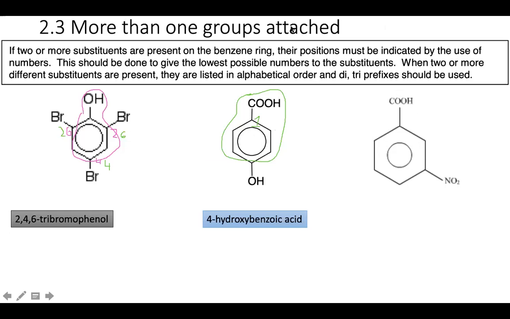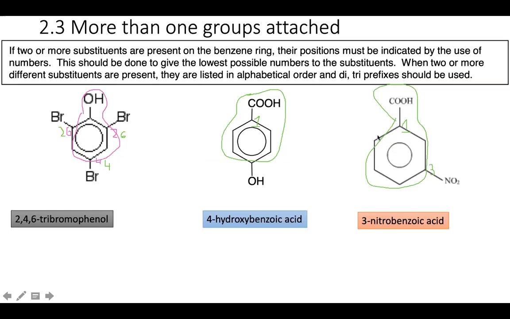Okay, now next you have a benzoic acid and a nitro group. Okay, so your benzoic acid will win. So your nitro group is the side group. Benzoic acid will take number 1. You will go from clockwise direction, so that becomes carbon number 3.